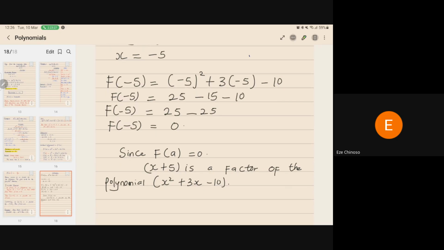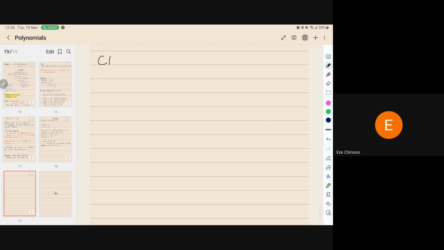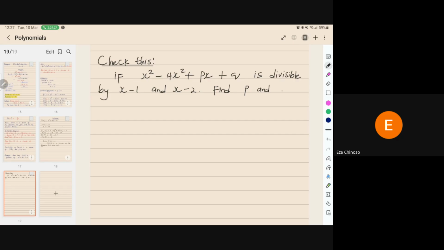All right, so try this. Check this. If x cubed minus 4x squared plus px plus q, this is the kind of thing JAMB will ask you, is divisible by x minus 1 and x minus 2, find p and q.